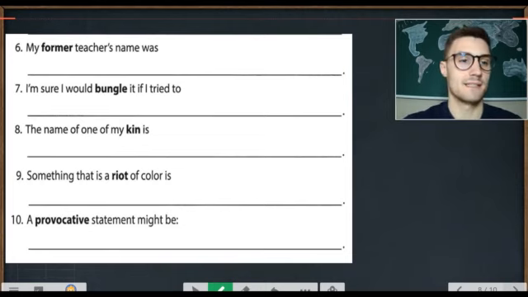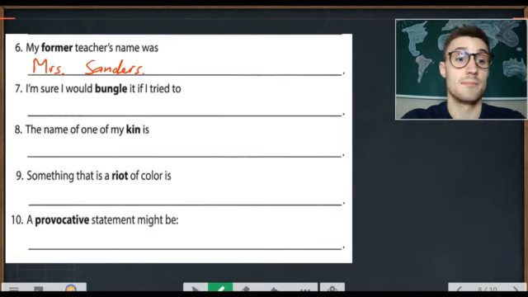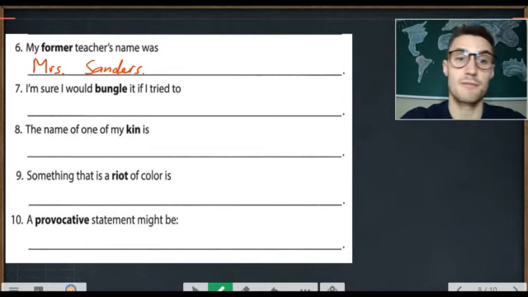Number 6. My former teacher's name was... Your former teacher. My former teacher's name was Mrs. Saunders. Write your former teacher's name, the one you had before this one. Number 7.